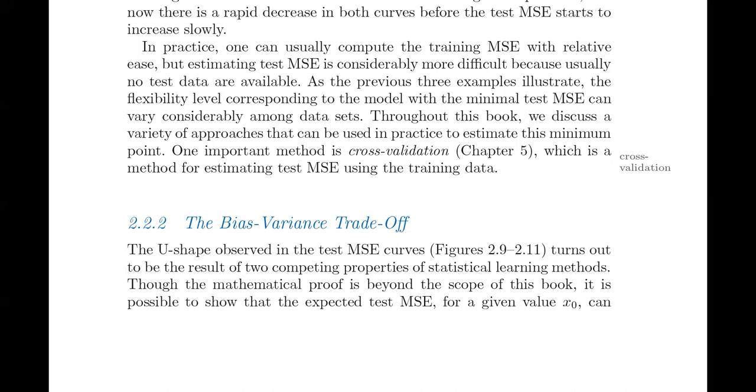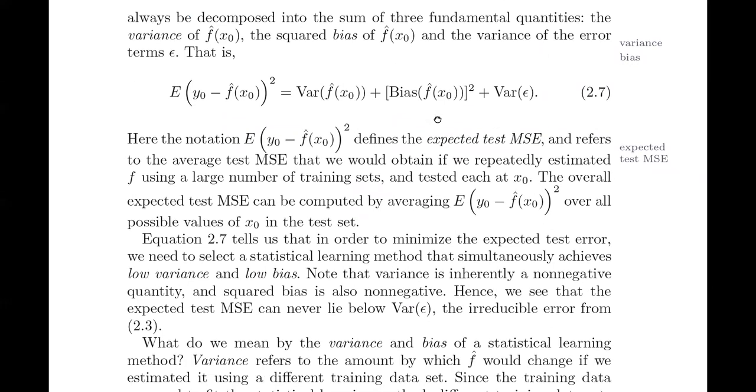Though the mathematical proof is beyond the scope of this book, it is possible to show that the expected test MSE for a given value x0 can always be decomposed into the sum of three fundamental quantities: the variance of f hat of x0, the squared bias of f hat of x0, and the variance of the error terms.